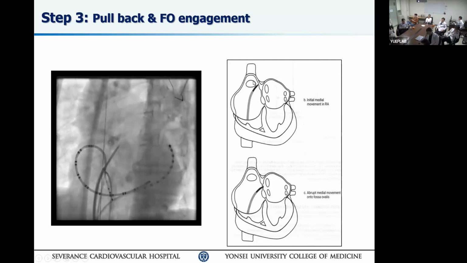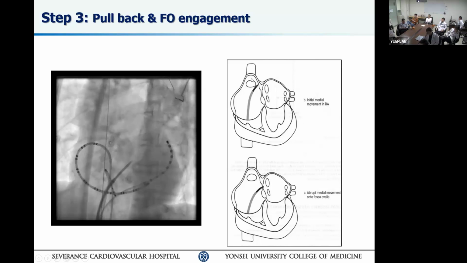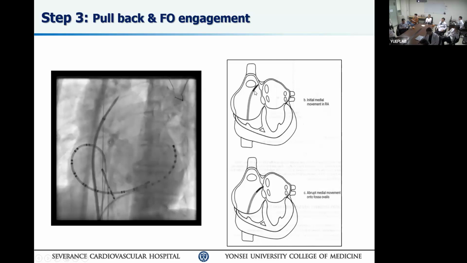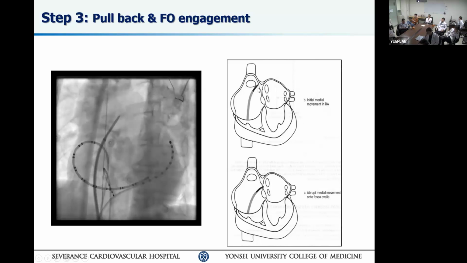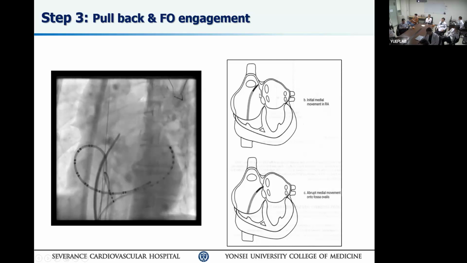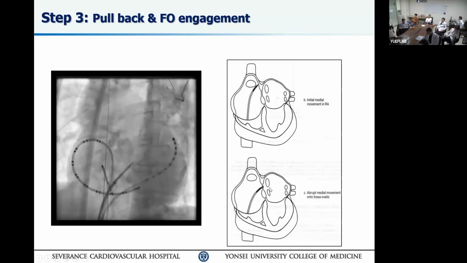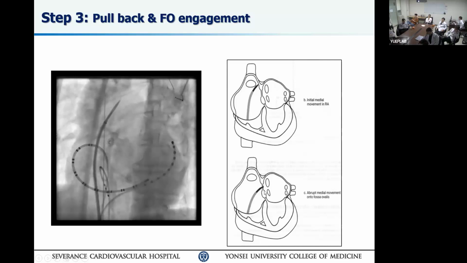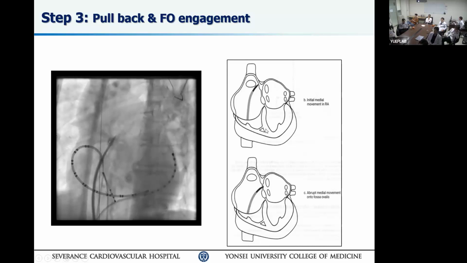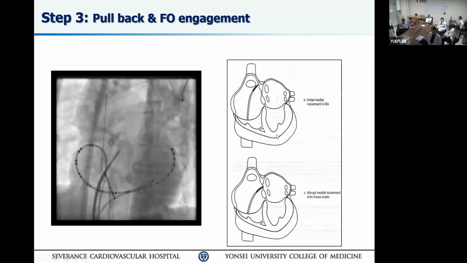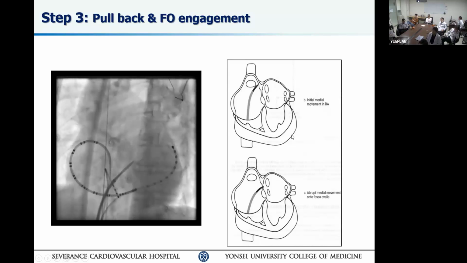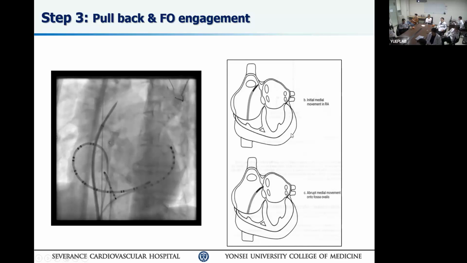So this is the SVC-RA junction, and medial movement when the apparatus goes into the RA, and a second hump here, which you will see as a more medial positioning of the septal puncture apparatus.